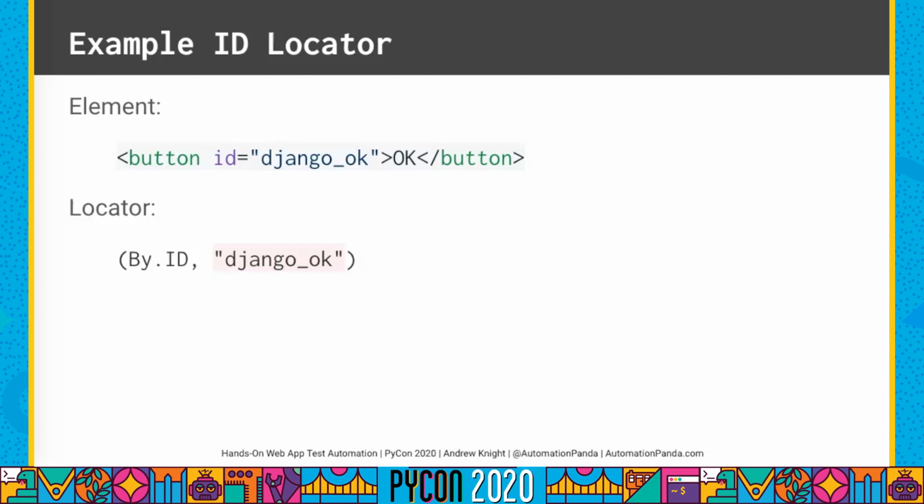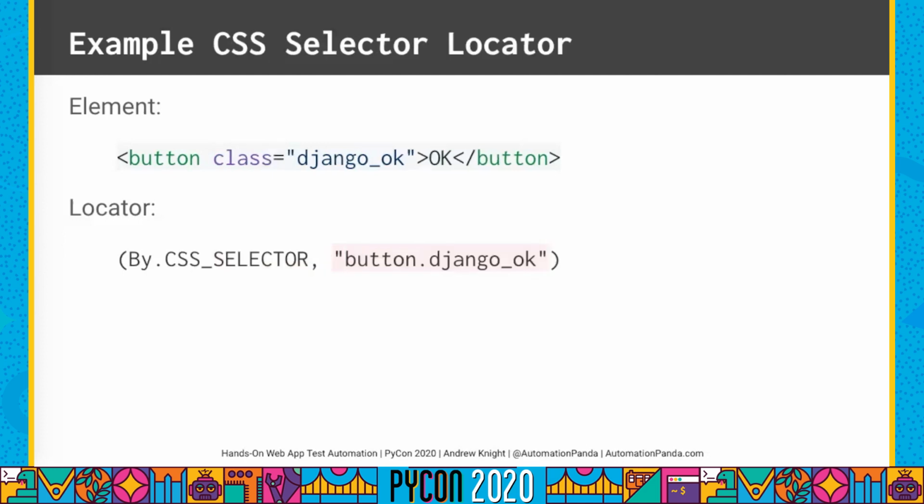However, not all elements have IDs, and so we may need to use other kinds of locators. CSS selectors are a more powerful locator type than IDs, because with CSS expressions, you can cover many more kinds of elements. Let's consider our button element again, but instead of having an ID attribute, let's say it has a class attribute.